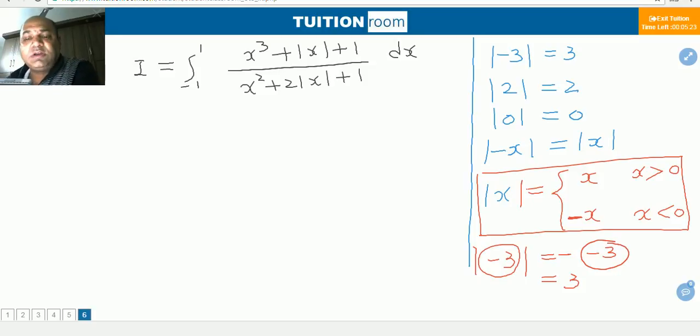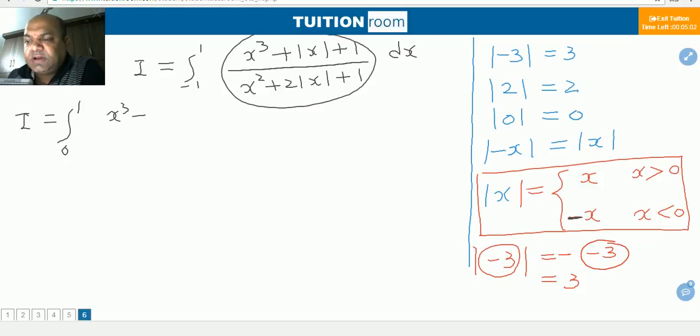See, the denominator is the same, so it can be written as, take the LCM, x cube plus mod x plus 1 minus x cube plus mod x plus 1 dx. It gets cancelled. 2 times integral 0 to 1 of mod x plus 1 over x square plus.